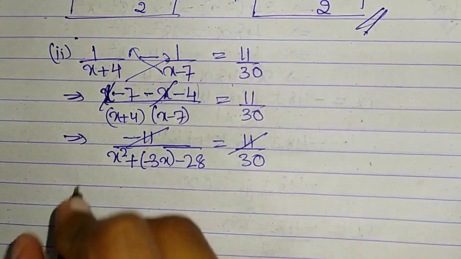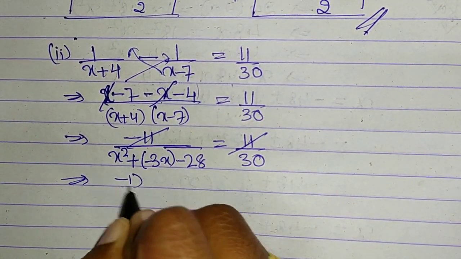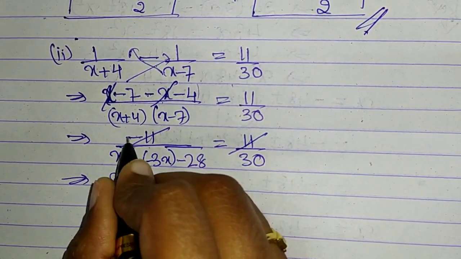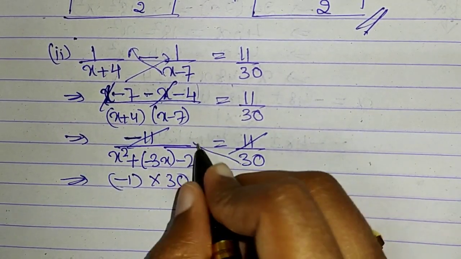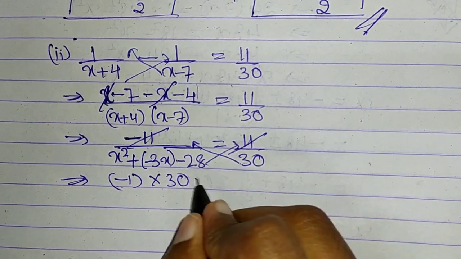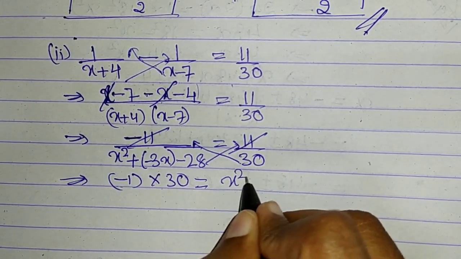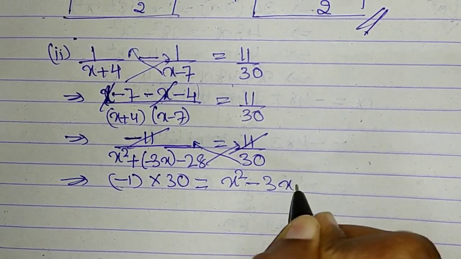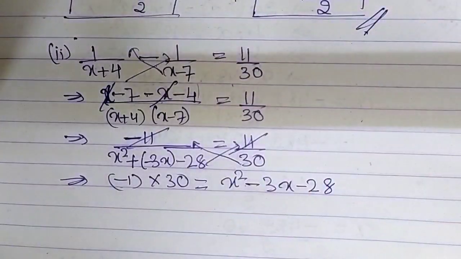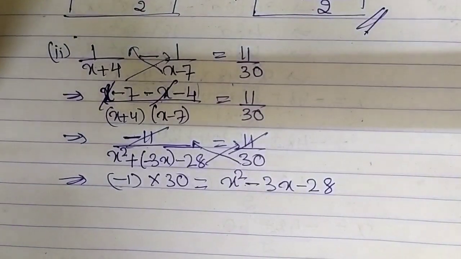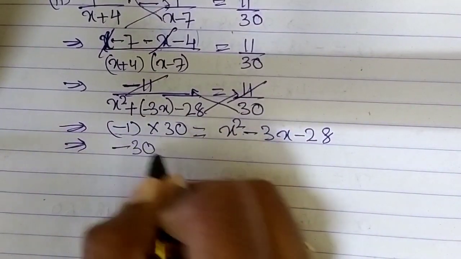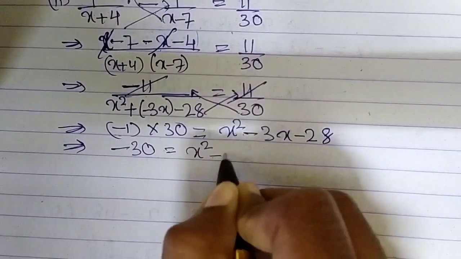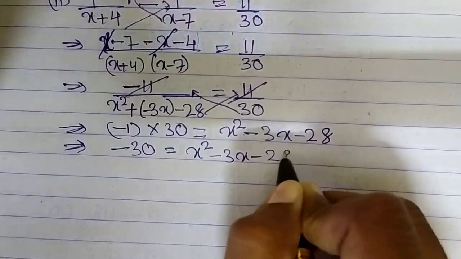So by cross multiplying, we get minus 1 into 30 because it was minus 11. So on cross multiplying, we get minus 1 into 30, 30 to this side and the equation to this side, which is equal to x square minus 3x minus 28. So now the equation can be rewritten as minus 30 is equal to x square minus 3x minus 28.